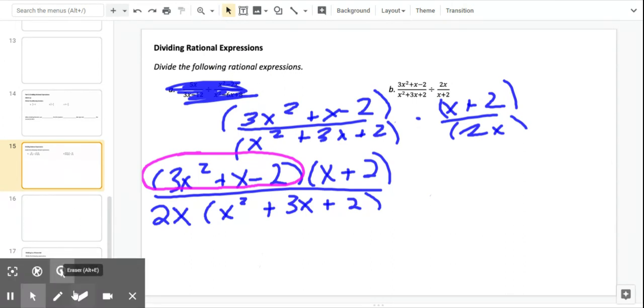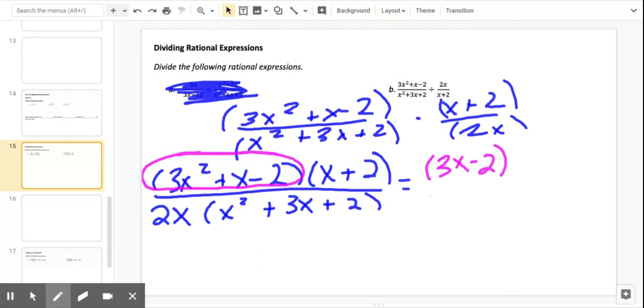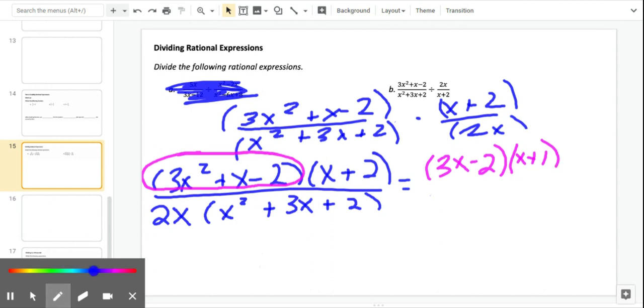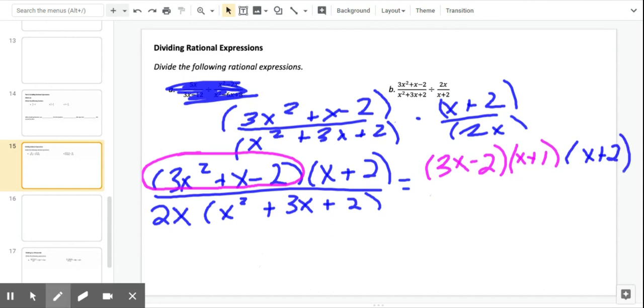So when we rewrite this, we will have 3x minus 2 times x plus 1, and then times x plus 2 in the numerator over 2x.